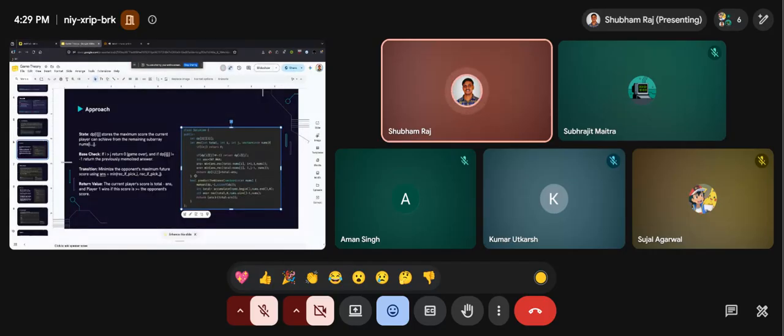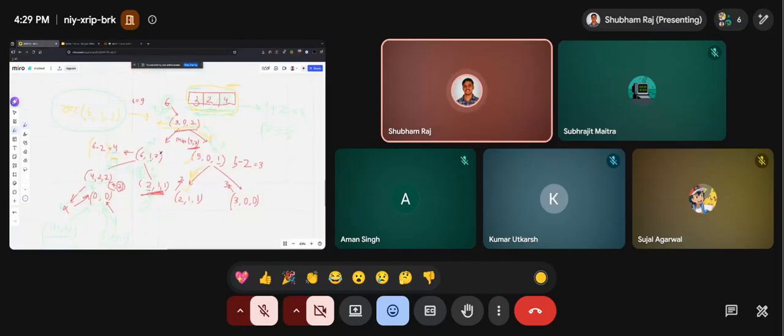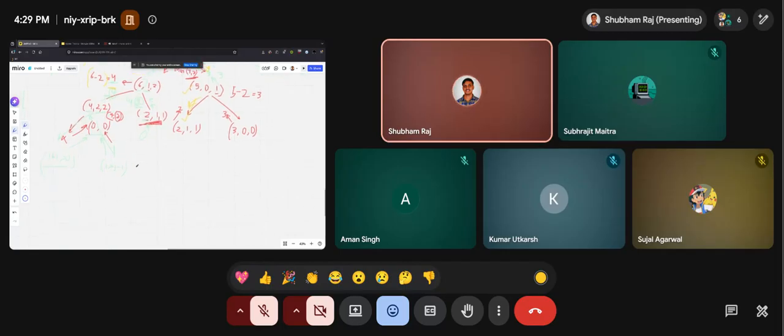And if I talk about the time complexity for this question, we know that for a DP question, time complexity is the number of states into the number of transitions, right?